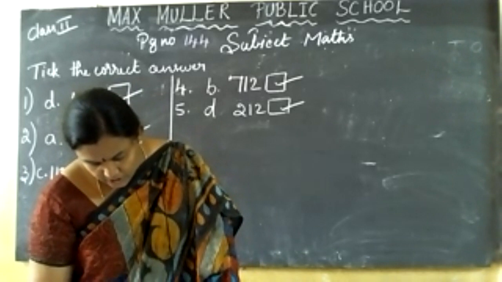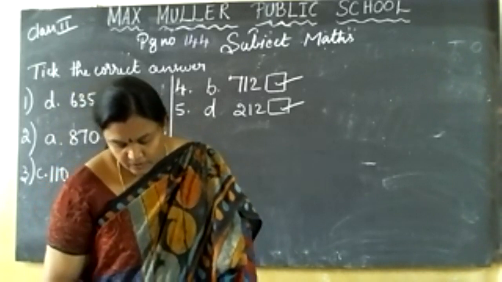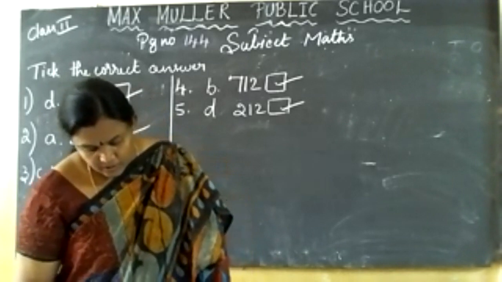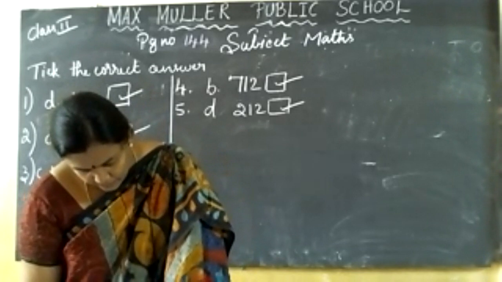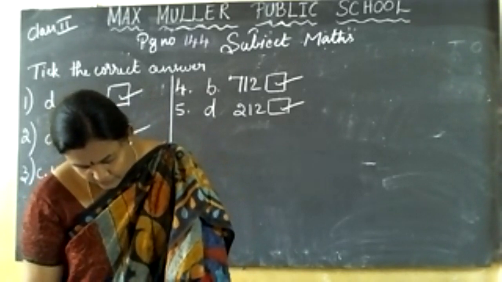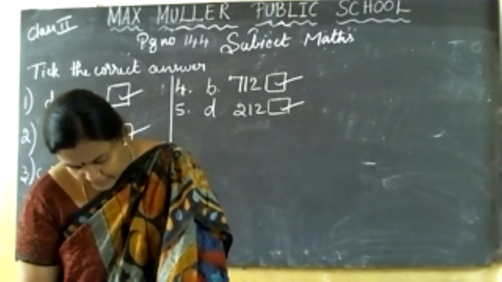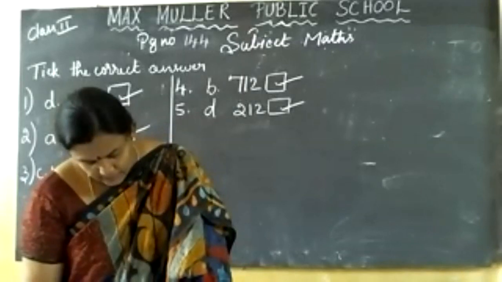How many soup bowls are there? 54. Count properly.